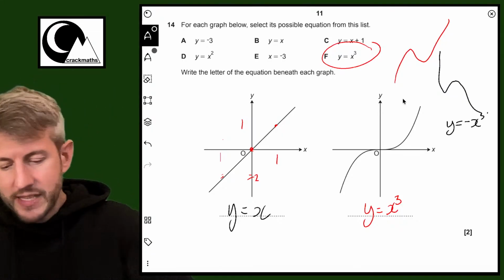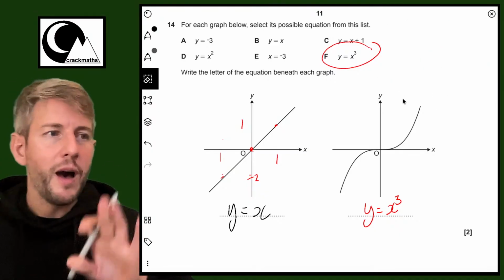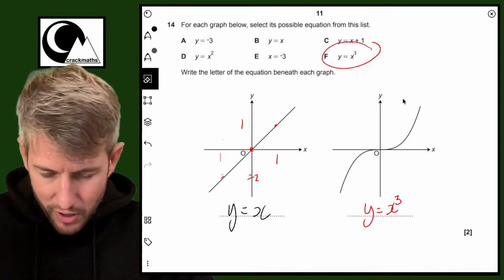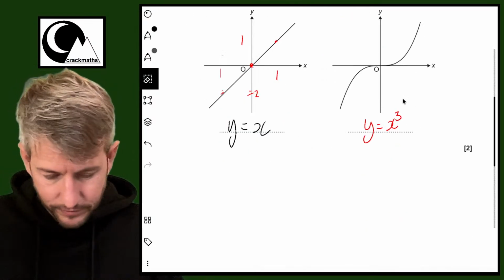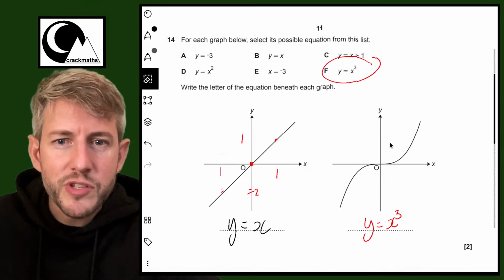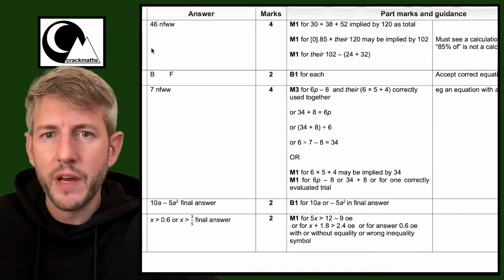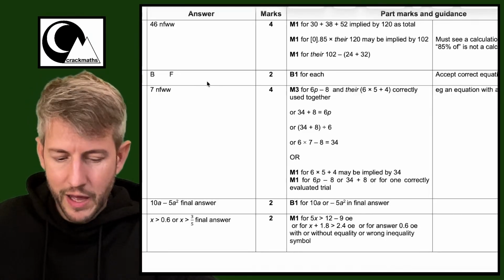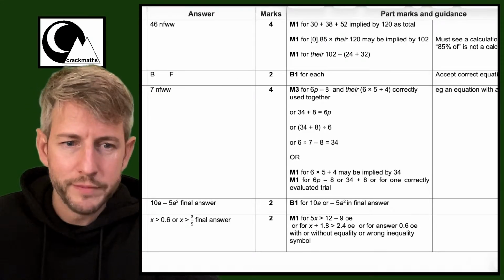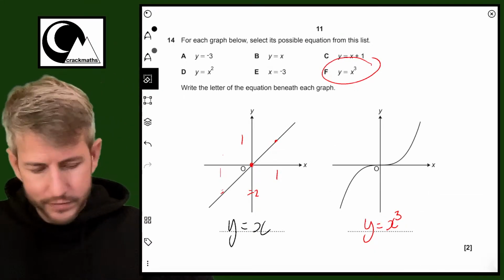But this one here is the positive cubic because it's generally going in the upwards direction. Okay, right. The next one here, let's have a look. Oh, there's only 2 of them. That's great. Let's just confirm that with the answers. So here we go. B and F. Yep, that is correct. That is what I put. Okay, let's continue on.